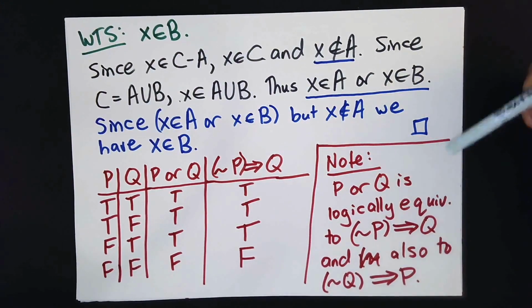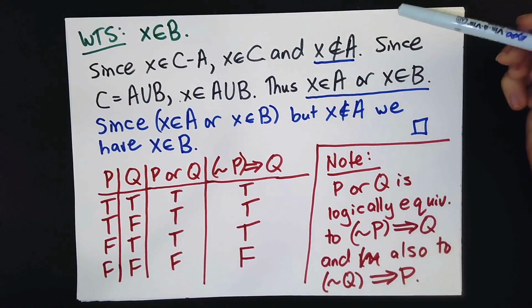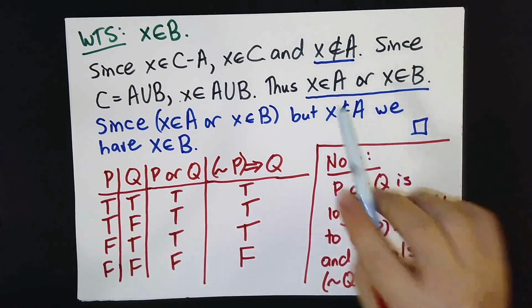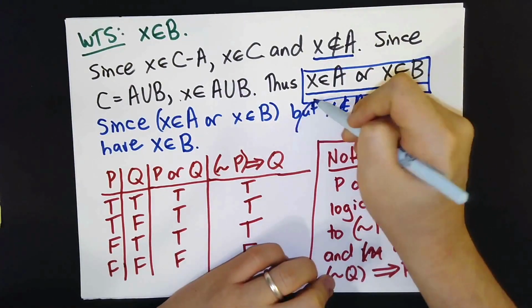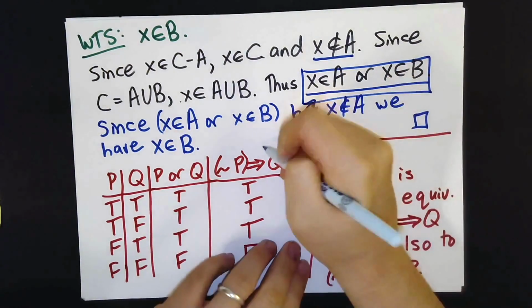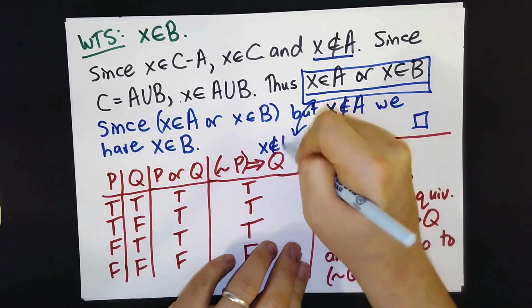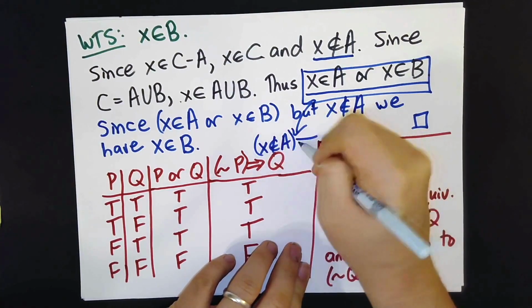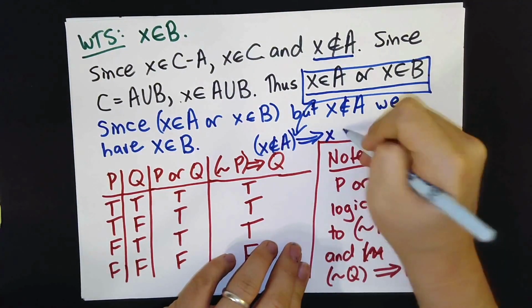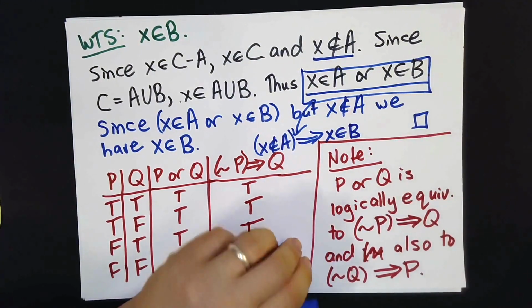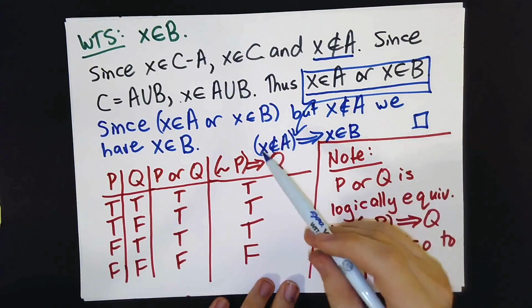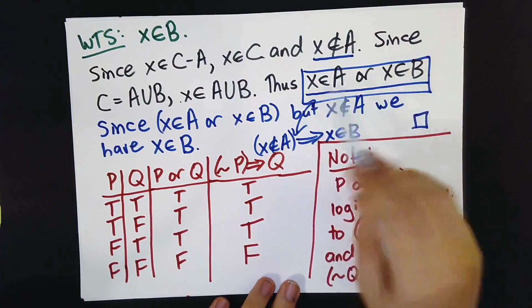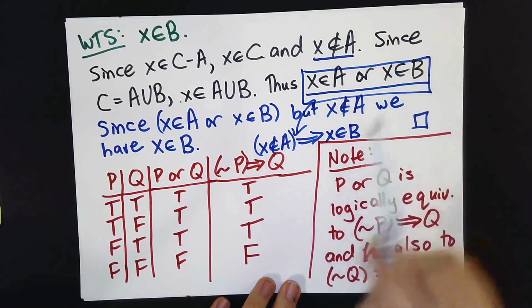And so in this case, what did I do? I realized that the or statement x is in A or x is in B was really equivalent to x is not in A implies x is in B. That is all this is saying here, is that because this or this, not this implies this.